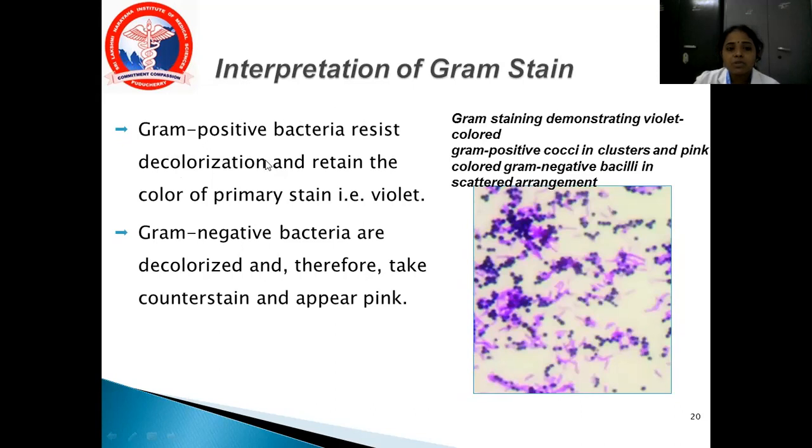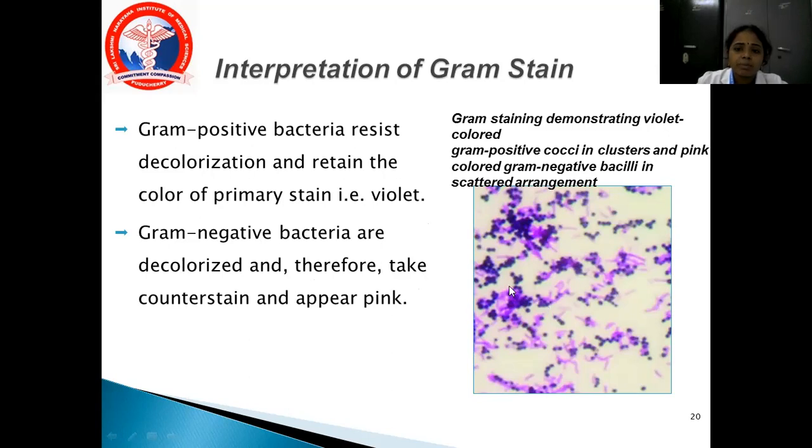The gram positive bacteria resist decolorization and retain the color of the primary stain, for example violet. What I told you: gram positive organisms resist decolorization and retain the color of the primary stain. In case of gram negative bacteria, they are decolorized and therefore take the counter stain and appear pink in color.